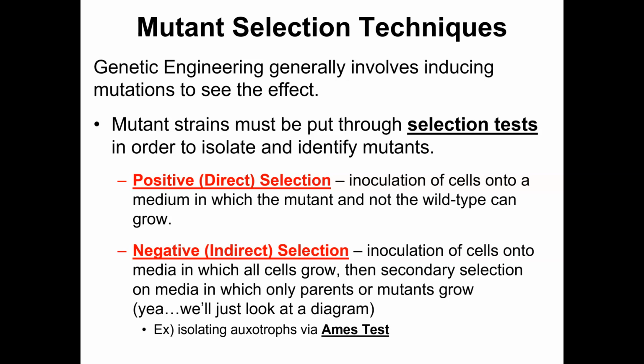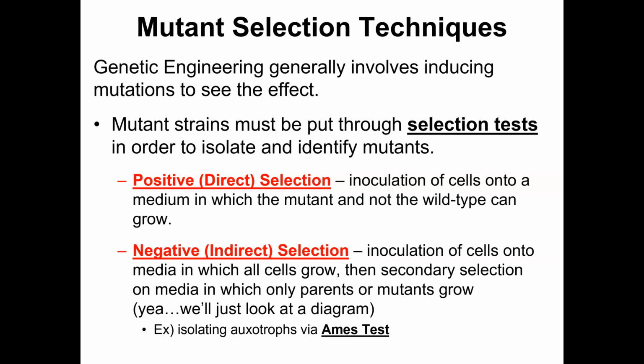So what's the difference? In positive selection, you select for the mutant, not the wild type. In indirect selection or negative selection, it's the opposite. You select for the wild type and not the mutant. And by not having the mutant grow, you identify it. But I'll explain that with an example.